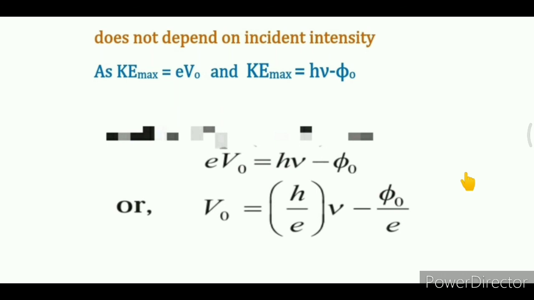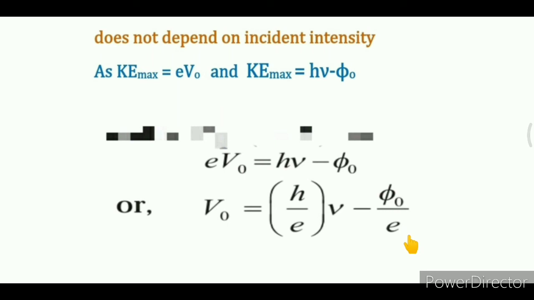Solving this equation, we get the stopping potential as h upon e, the ratio of constants, into nu, the frequency of the incident radiation, minus phi 0 upon e, where phi 0 is the work function of the material and e is again the constant charge of the electron.